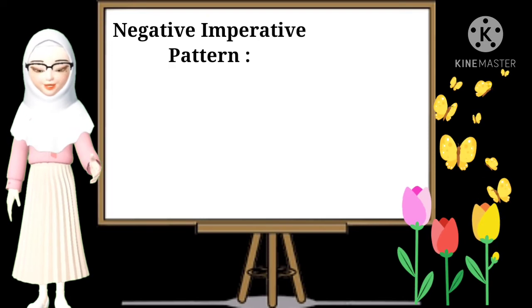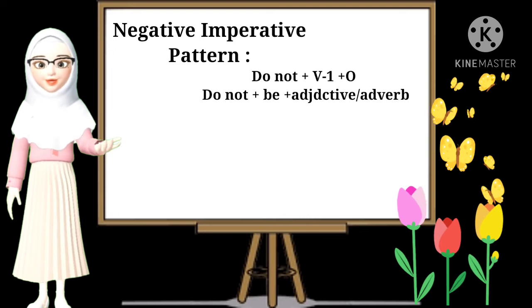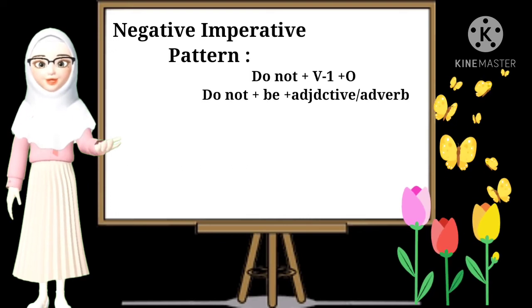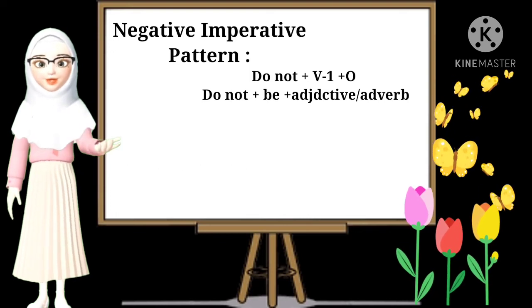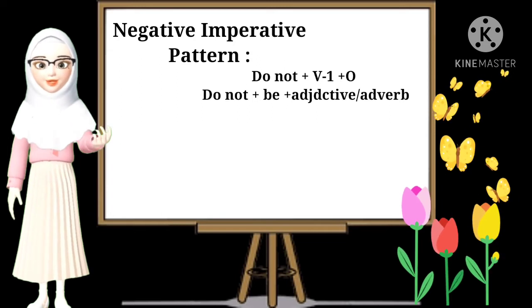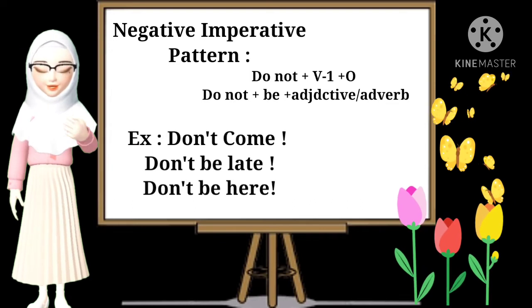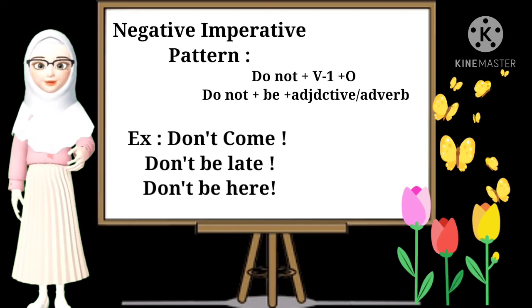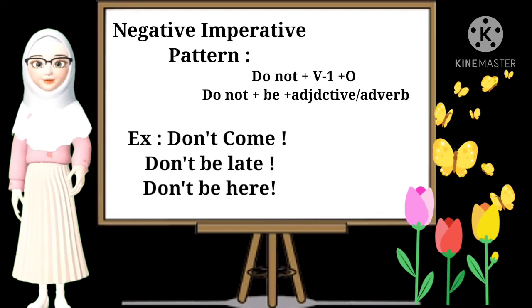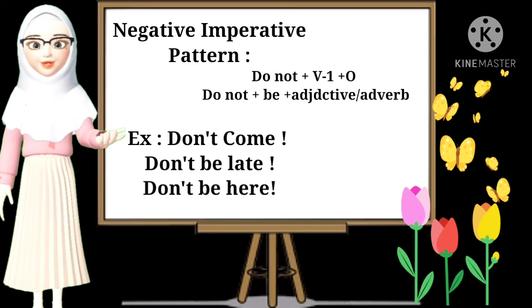Negative imperative, the pattern consists of do not plus verb 1 plus object, or do not plus be plus adjective or adverb. For example, don't come here, as verb. Don't be late, as adjective. Don't be here, is adverb.